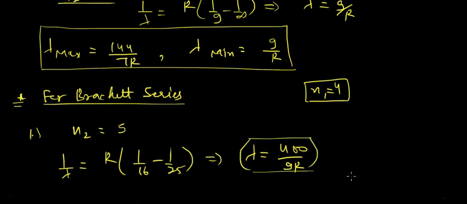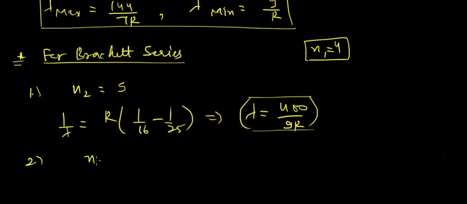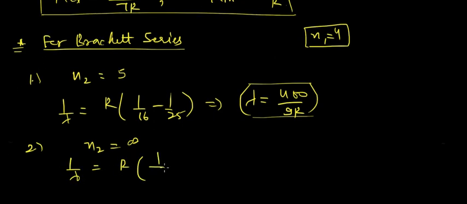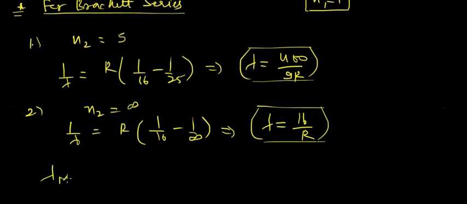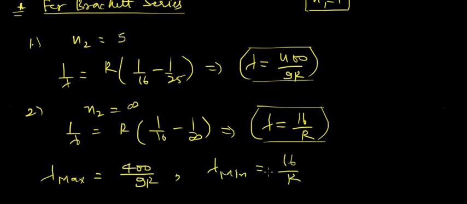In the second case, when n2 equals infinity, 1 upon lambda would be R Z square times 1 upon 16 minus 1 upon infinity, which implies lambda equals 16 upon R. Hence lambda max would be 400 upon 9R and lambda min would be 16 upon R.